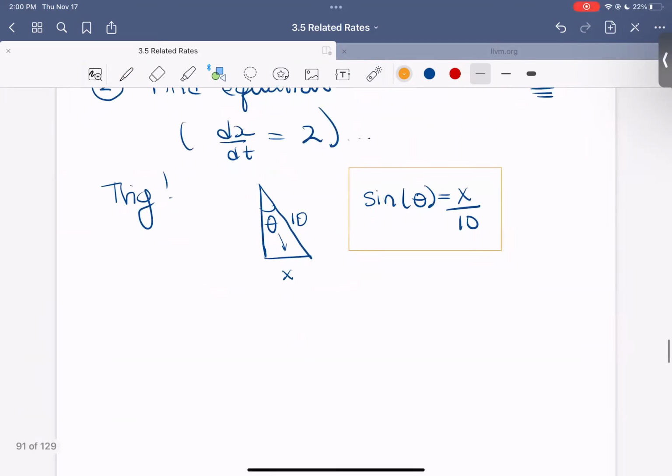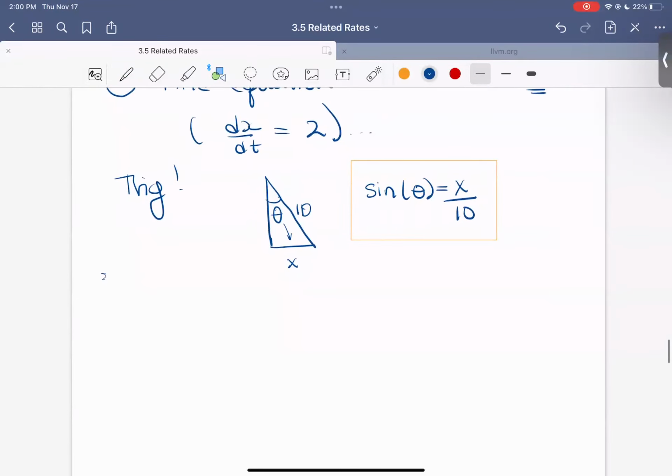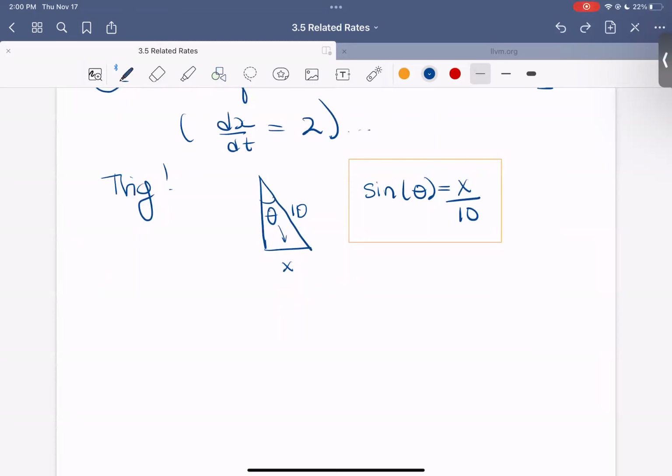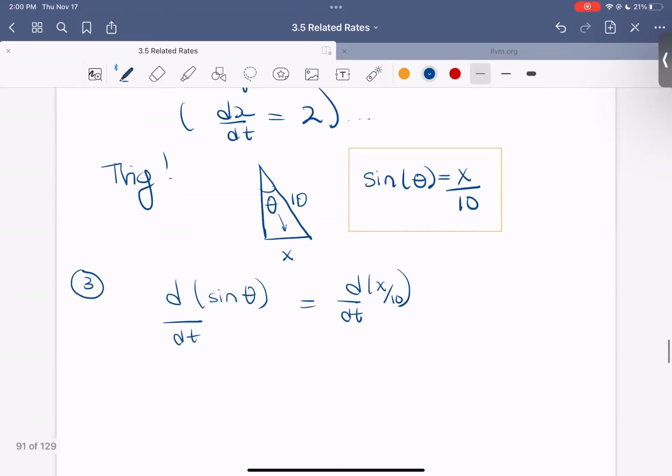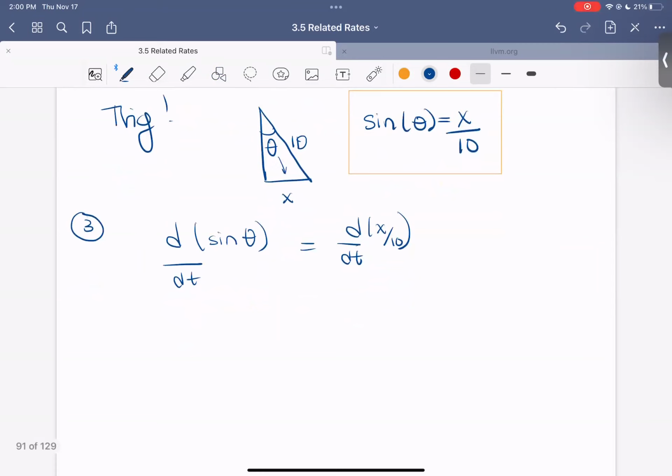Now step 3 is we just need to take the derivative of both sides. So the derivative of sine theta with respect to t equals the derivative of x over 10 with respect to t. The derivative of sine is cosine, so we get cosine theta d theta/dt equals the 1 over 10 comes out and we're just left with dx/dt.